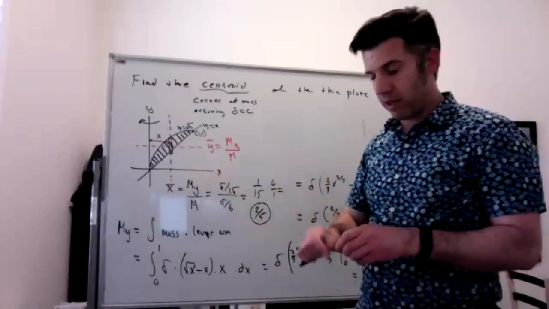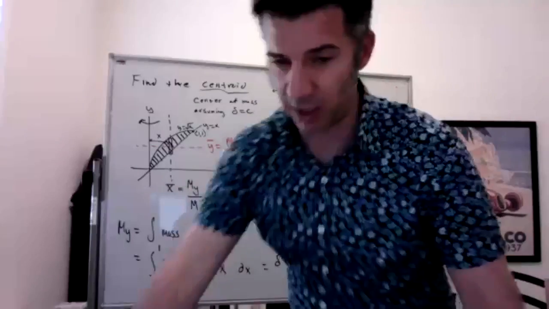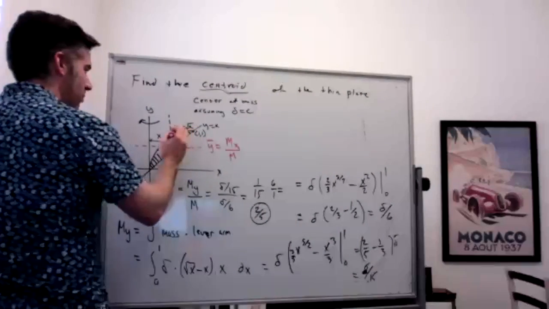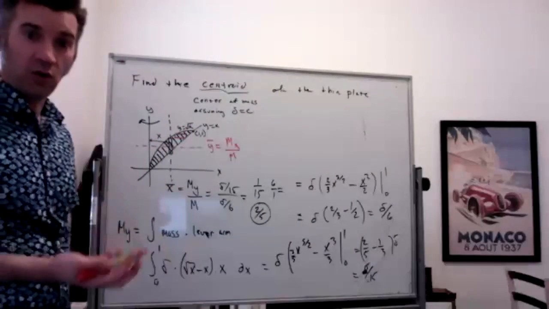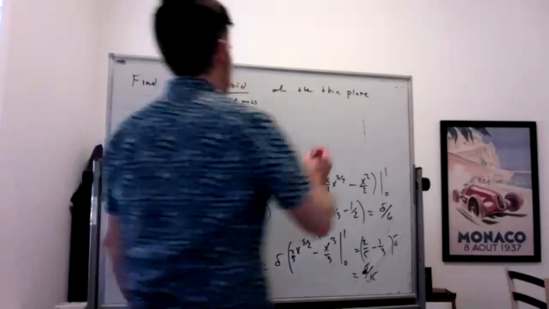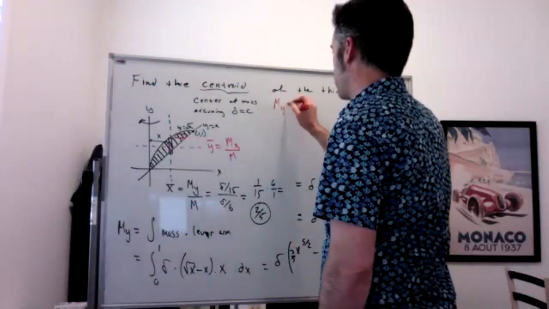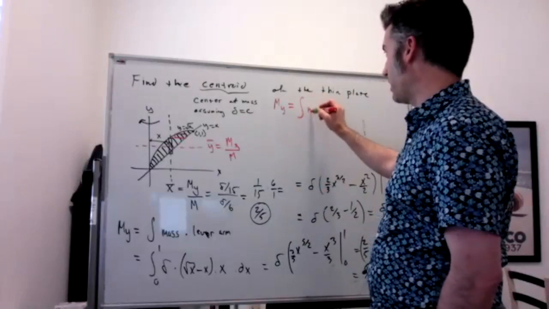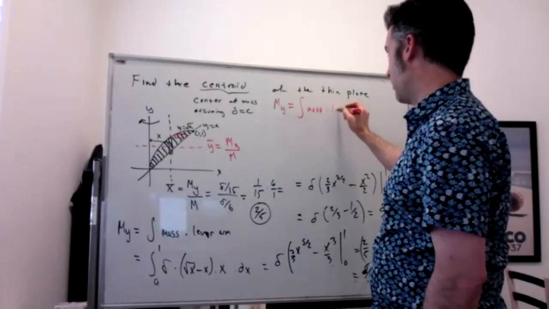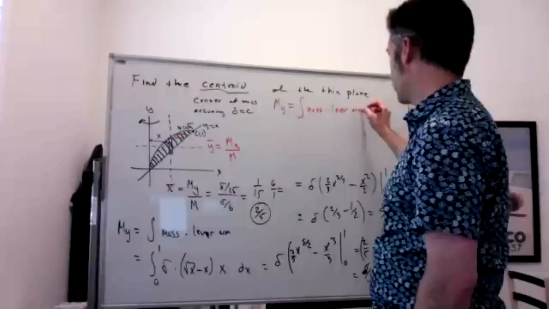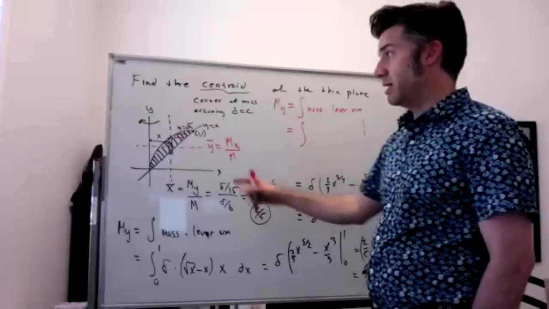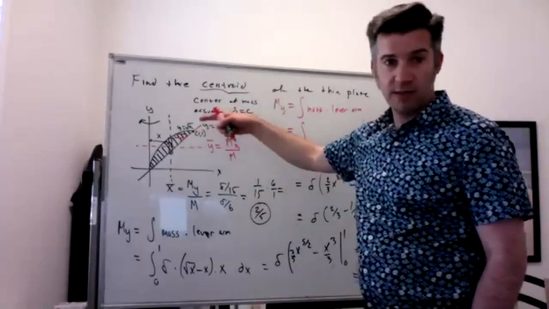Oh, okay. But there's more to it than that. So I'm going to talk about it in two ways. So if it were up to me, I would do the moment around the x-axis using a horizontal strip. So the moment around the x-axis would be, well, again, it's the integral of the mass times the lever arm. The mass, once again, is the area times the width.